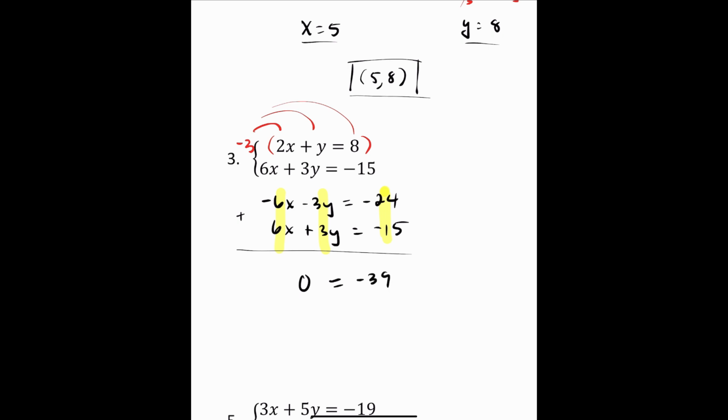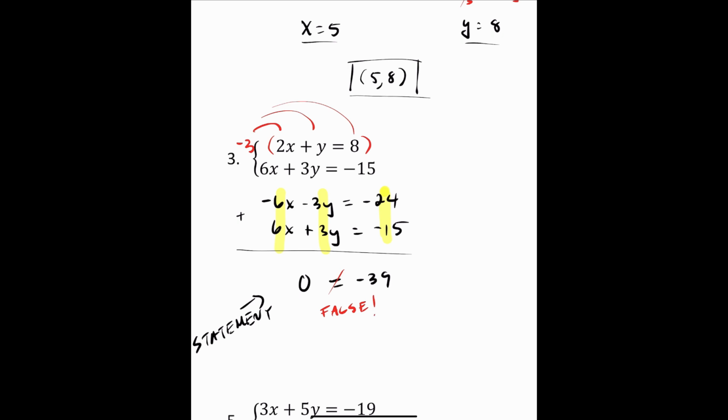And then, whoa, look at that. We actually have a statement here. Now look at this statement. We have 0 equals negative 39. Well, I think you understand that 0 is not the same thing as negative 39, right? So this is actually not true. This is a false statement.